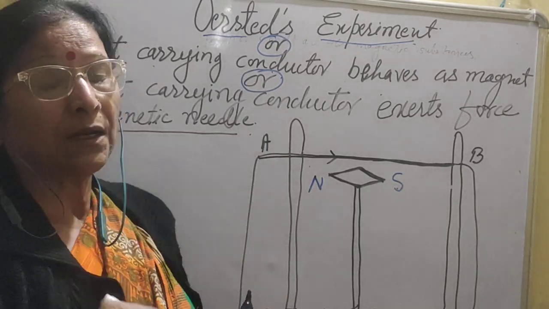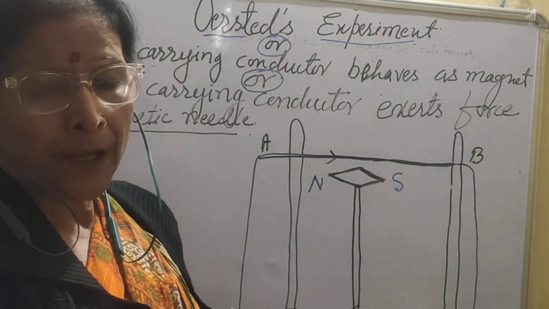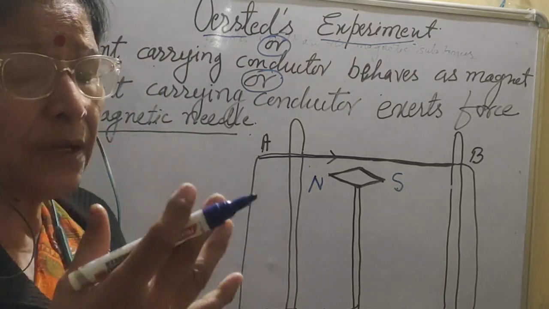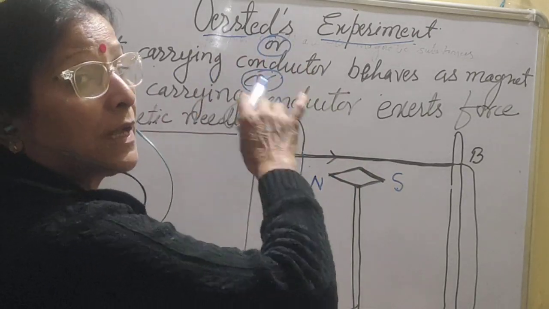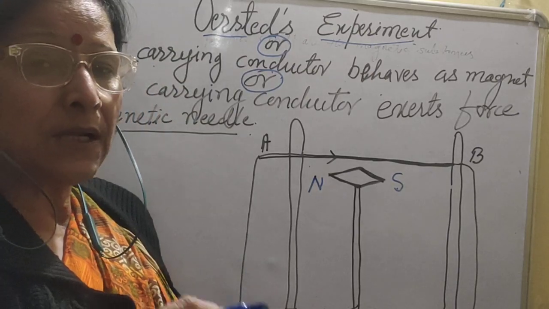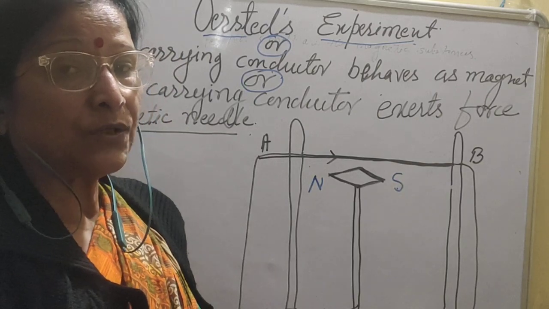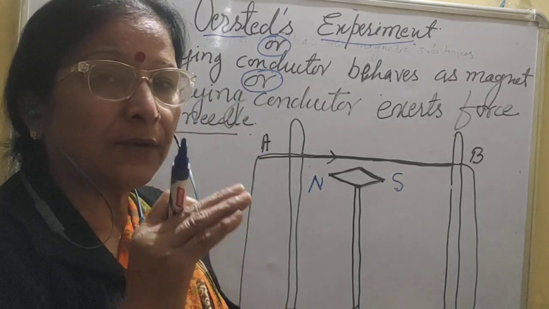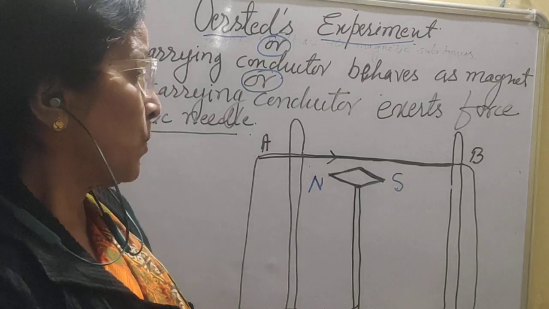So for the same activity, we can give three titles: Oersted's experiment, current carrying conductor behaves as magnet, or current carrying conductor exerts force on magnetic needle and causes motion in magnetic needle. These are the three titles for the same experiment, same observation.